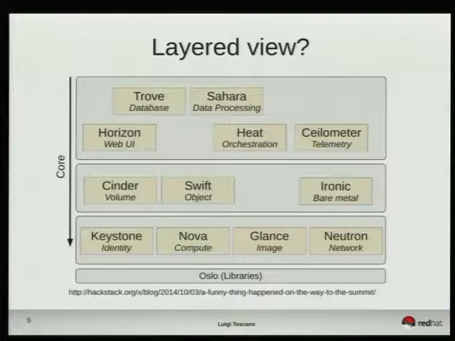They are important, of course, but for example, Heat or Ceilometer. Heat for orchestration, it allows you to orchestrate the creation of resources. Ceilometer to monitor your stack. Horizon, it's quite important, yes, but you can access your components even without that.